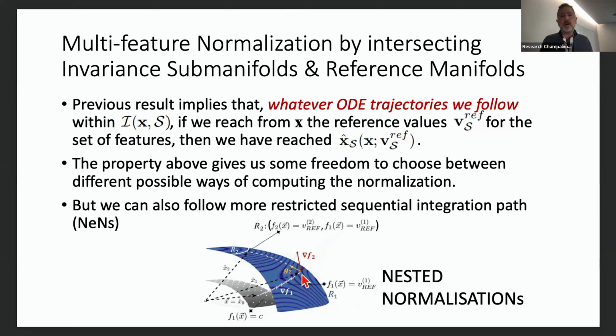Then you follow the projected gradient of F2 until reaching the reference value, and so on. This implies a hierarchy between these features. That may be natural, for instance, for the moments, the same as we have the standardized moments.